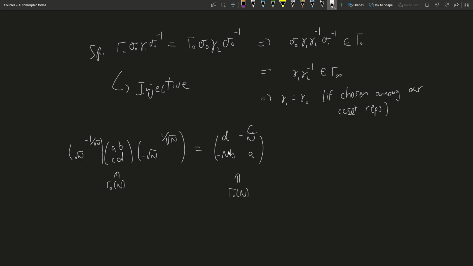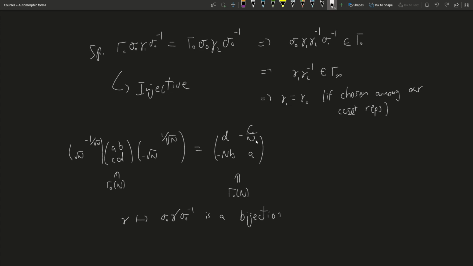And similarly, this is going to be divisible by n. And moreover, this is a bijection. So gamma maps to sigma naught gamma sigma naught inverse is a bijection. Because if ever you had any matrix in gamma naught n, you could always write it in this form, right?